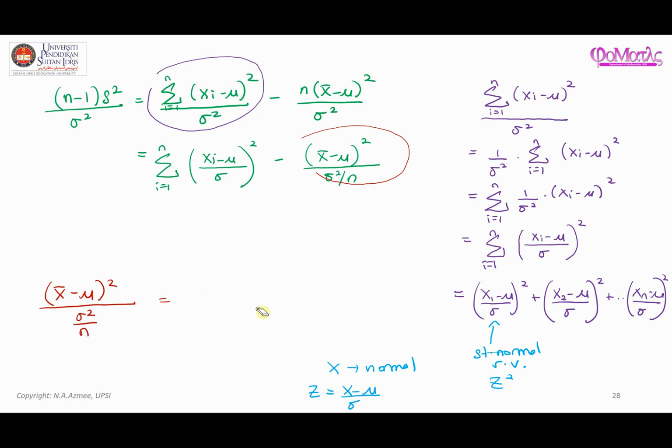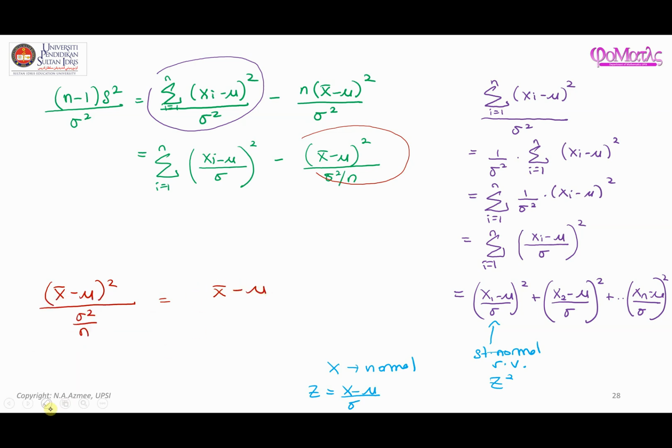Now what I can do next is I can again combine all the terms to be under one bracket, and you square it on the outside.